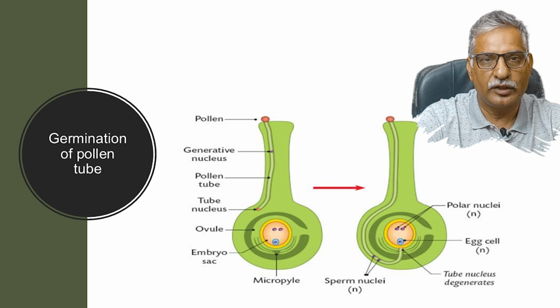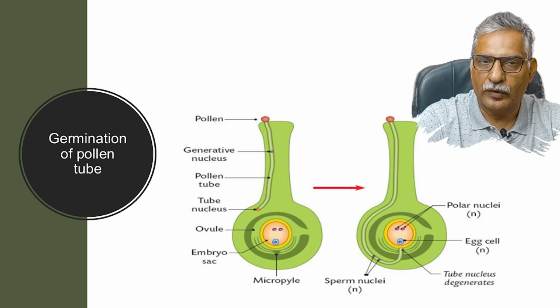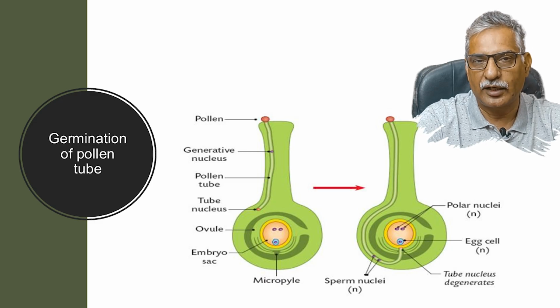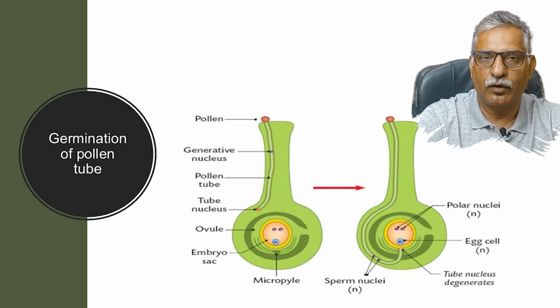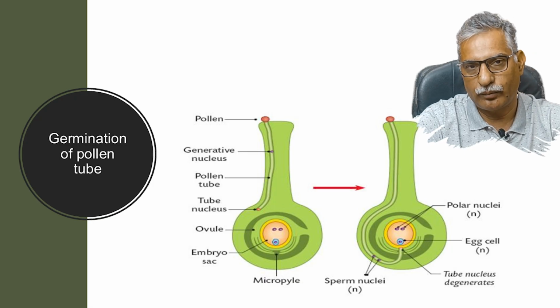This vegetative nucleus, or tube nucleus, is responsible for the release of enzymes in the style that will digest away the style contents, producing a gap, and that gap helps this pollen tube to grow down towards the ovary. Whereas the other nucleus that follows the tube nucleus is known as the generative nucleus, and it remains silent and inactive throughout the process when the pollen tube is growing down towards the ovary.